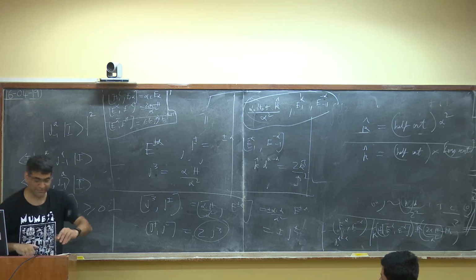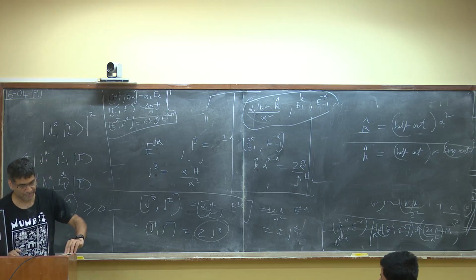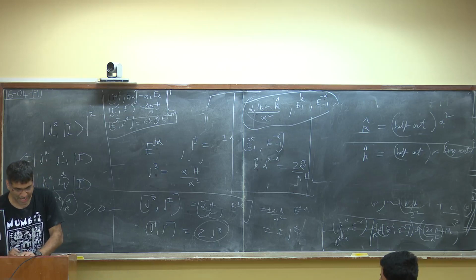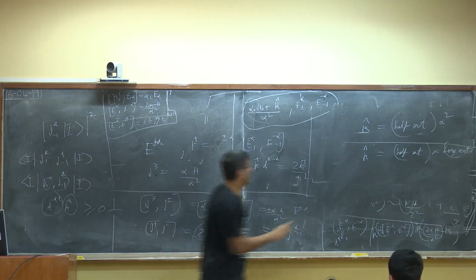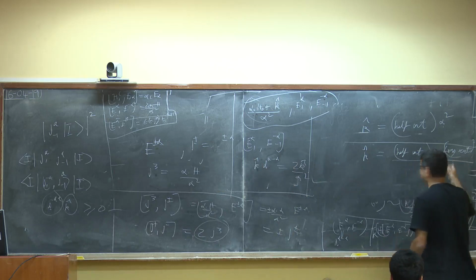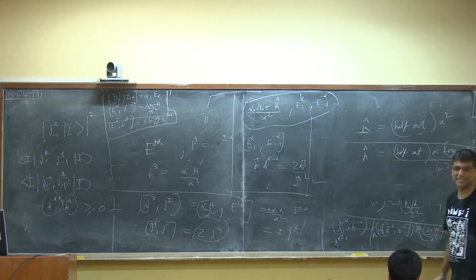Oh my, it's 5 o'clock. Okay. Now, people normally call the length of the long root psi, or the length squared of the long root psi squared.